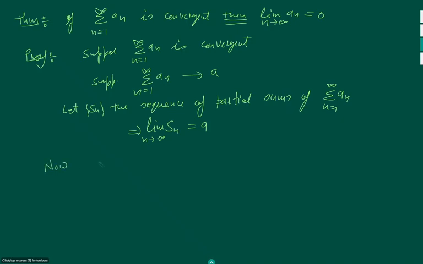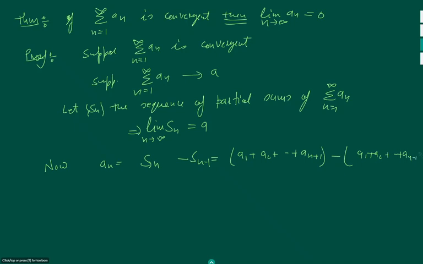Now what is an? An is equal to Sn plus 1 minus Sn, because Sn plus 1 is a1 plus a2 plus a3 up to an plus 1, and minus this, a1 plus a2 plus up to an. Sorry, this would be Sn minus Sn minus 1.